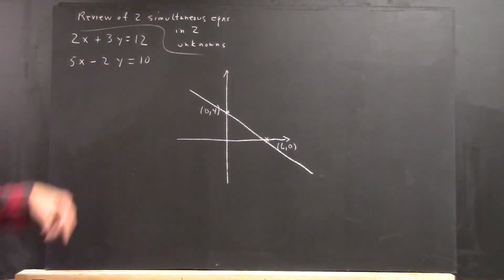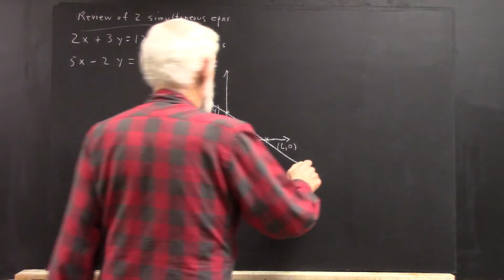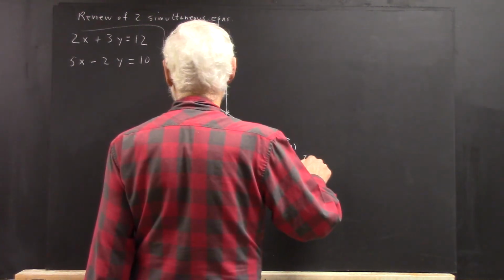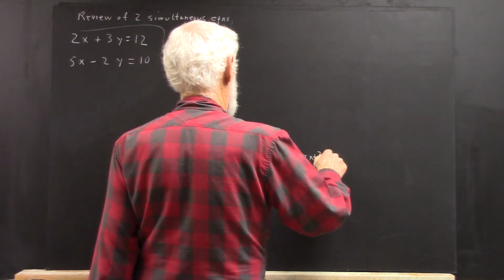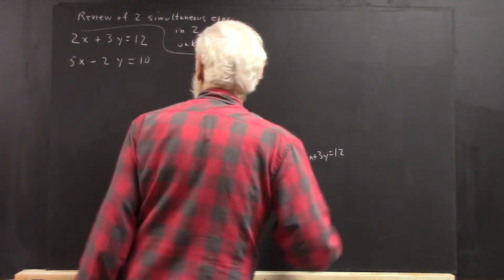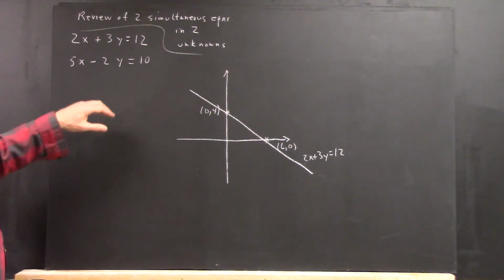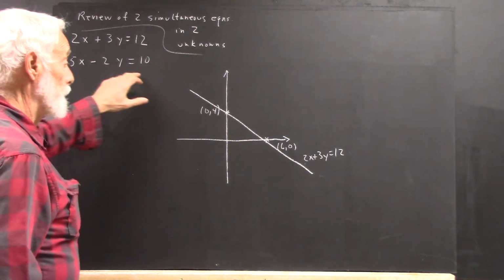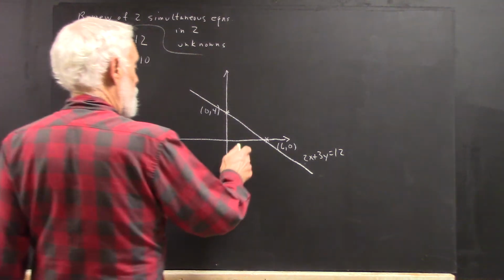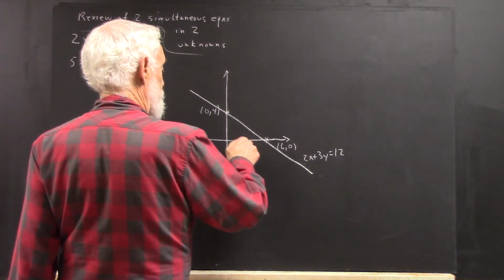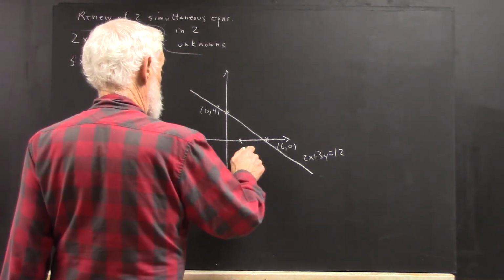We do the same thing with this equation. First, let's label this. This is the equation that says 2x plus 3y equals 12. 5x minus 2y equals 10. If y equals 0, we get x equals 2, so that this graph will intersect the x-axis at the point 2, 0.